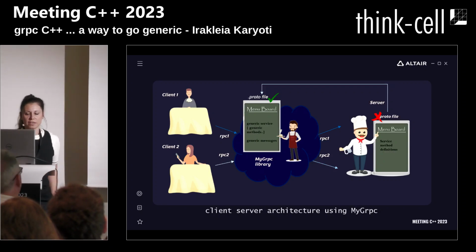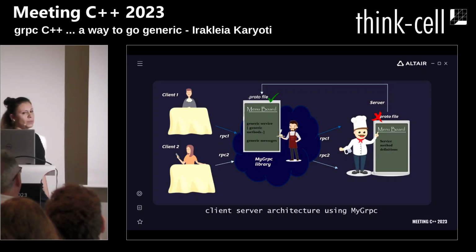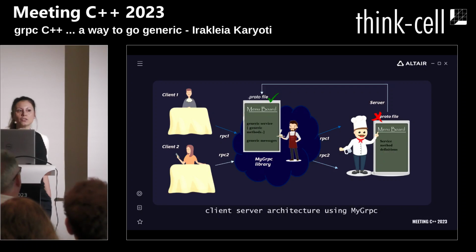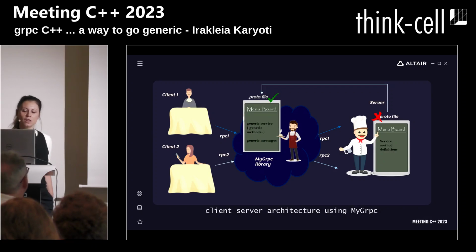We will add some generic services in there, basically only one is what you need, with a list of some generic methods and messages of more generic types that we will see. We will use this proto file to generate code that will be internal and hidden from the user, and we will use our own APIs to access the services that eventually the server will provide.